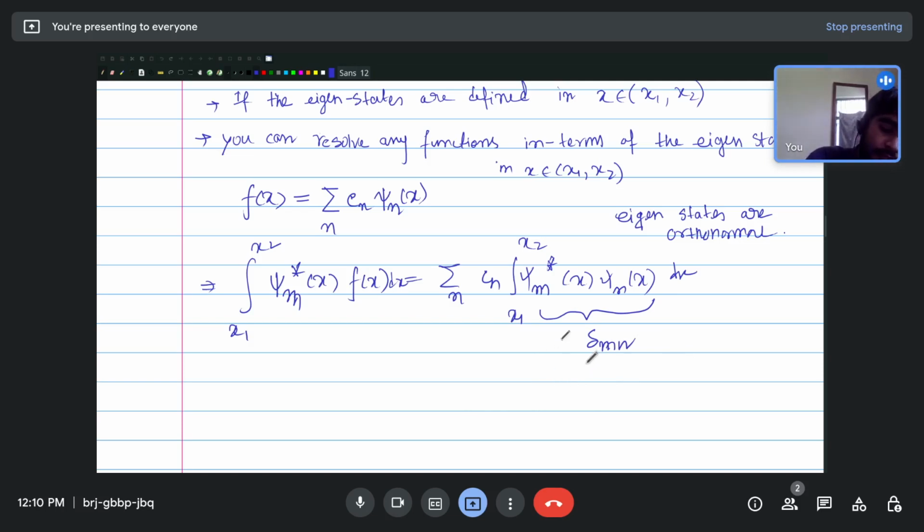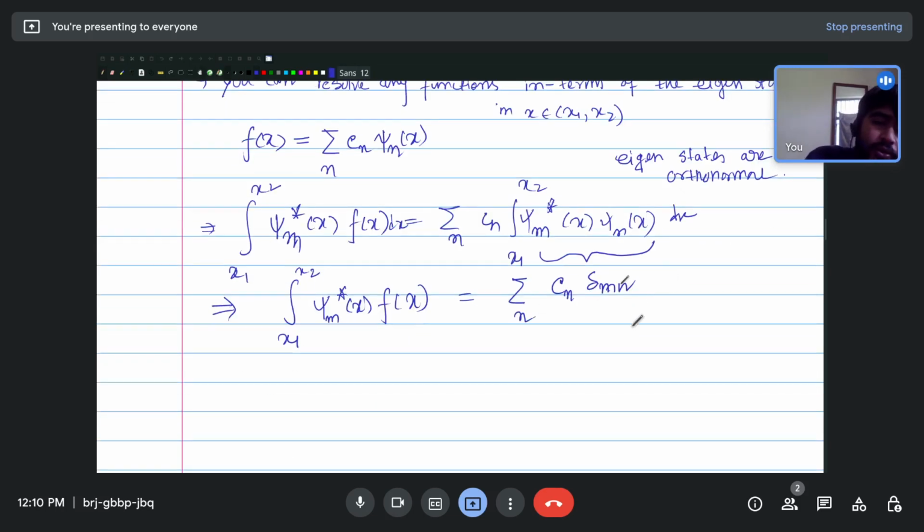Then there will be Cn summed over n, and the quantity on the left hand side will remain as it is, psi m star x f of x.